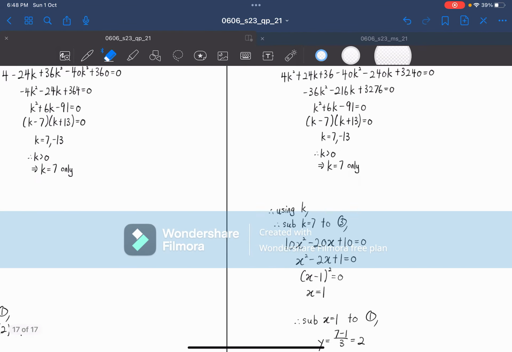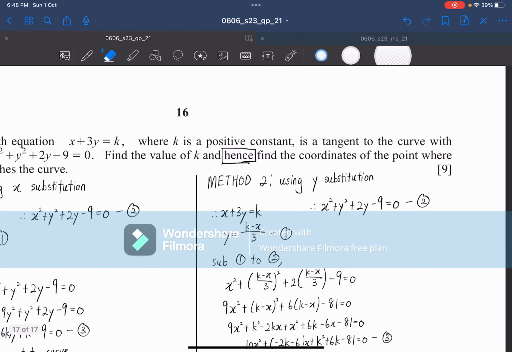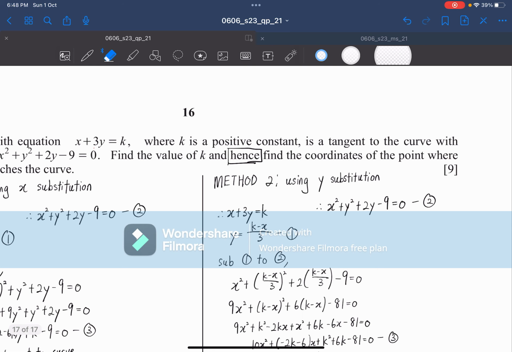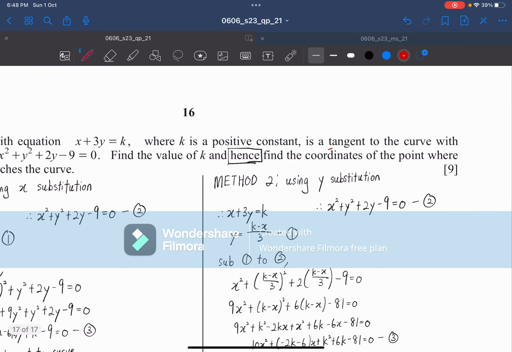First we need to find what the value of k is, and then we find what the coordinates of the point of intersection are. So by reading the question, let's say the line is L, the line L is a tangent to the curve.